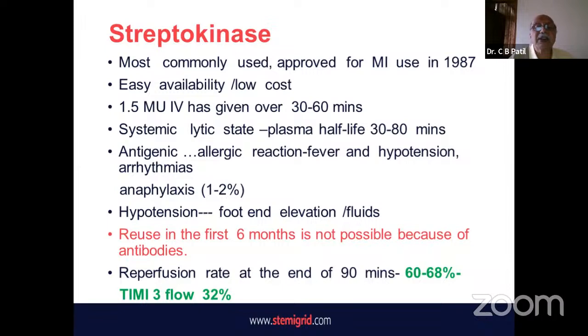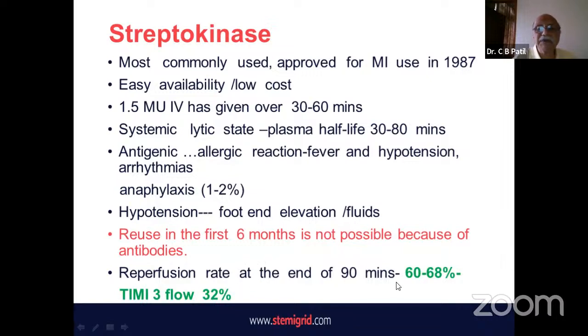Allergic reaction can occur, fever, and rarely even hypotension, arrhythmias can occur, and anaphylaxis to the extent of 1 to 2%. So keep all emergency drugs by the side when you are giving streptokinase. Hypotension, if it is there, foot end elevation and fluid administration. And its reuse in the first 6 months is not possible because of antibodies.